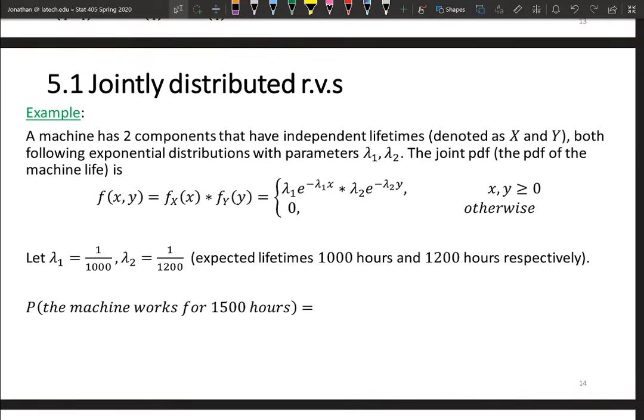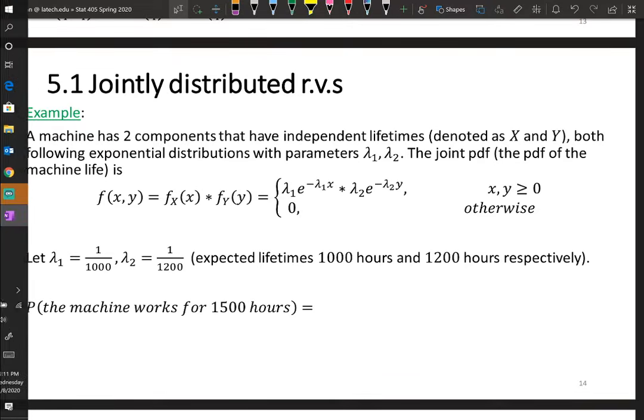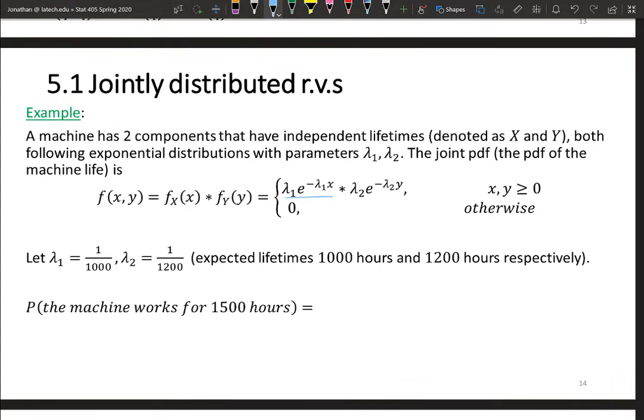The joint PDF is given by basically the product of the single exponential PDFs. So this would be an exponential PDF, this would be an exponential PDF, and x and y are both just greater than or equal to 0.